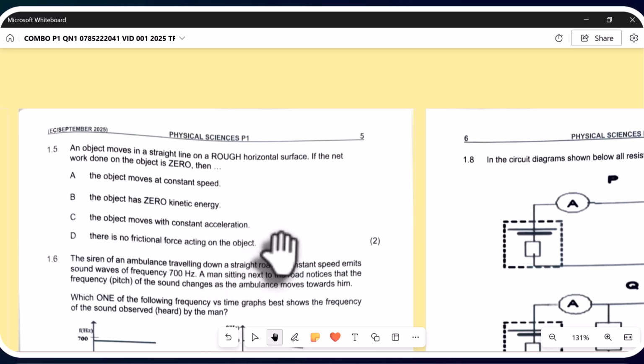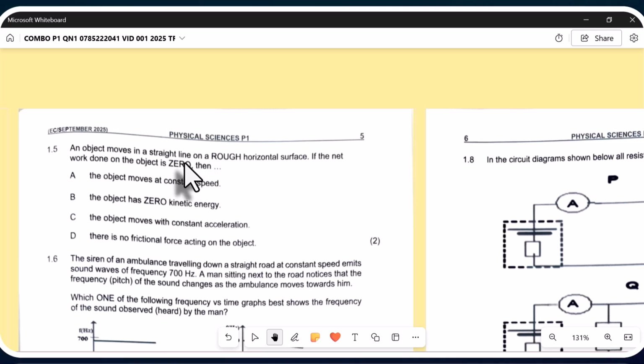So what do we do here? You're talking about a rough surface, so there's frictional force. Are we together? And then we have the applied force, okay? And the net work done is 0. So for that matter, let us find out our work done by the non-conservative forces, or you can even say work net.